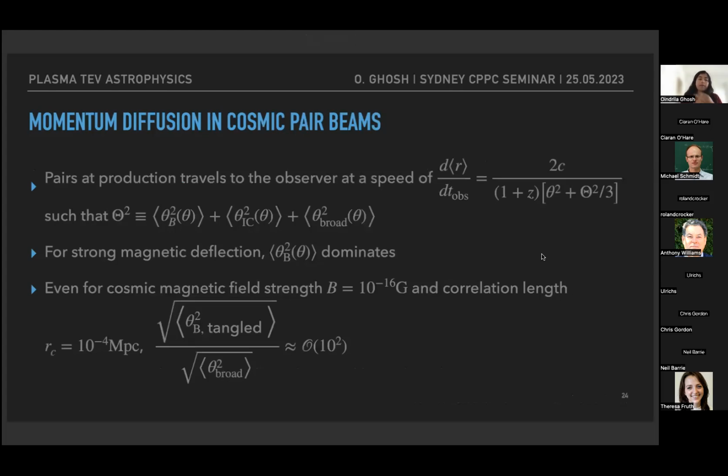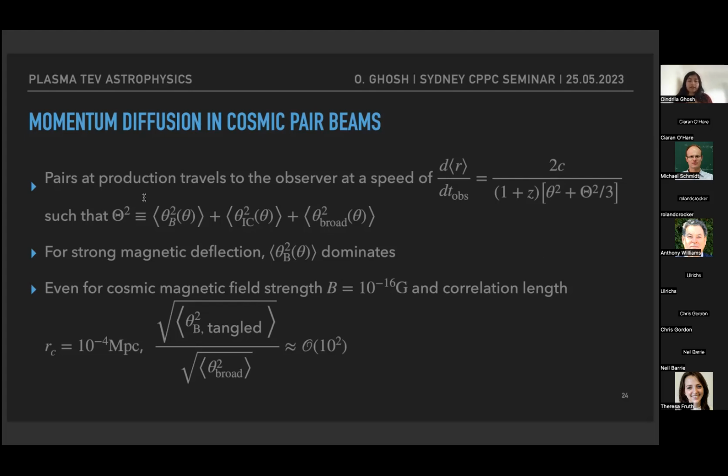So the next natural question is whether we could observe this momentum diffusion in addition to the instability losses for cosmic pair beams. The answer comes from estimates from time delay observations.